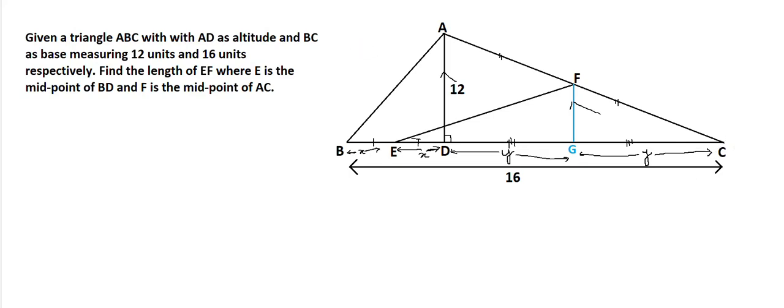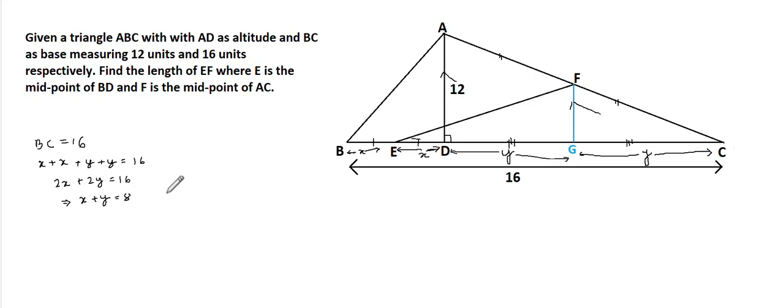Now, here we will do a very basic calculation of algebra. Since BC is equal to 16, X plus X, which are the values of BE and ED, then DG, which is Y, and GC, which is again Y, will be equal to 16. As a whole, we get 2x plus 2y is equal to 16, which implies that x plus y is 8.